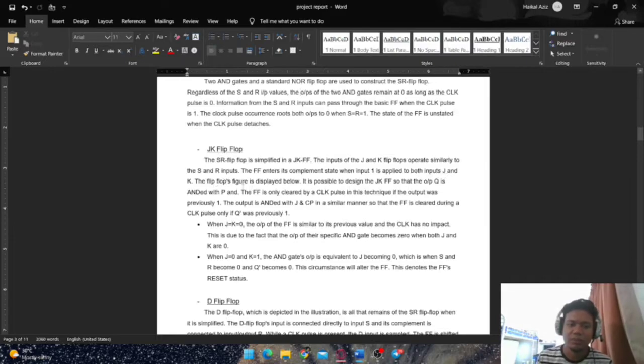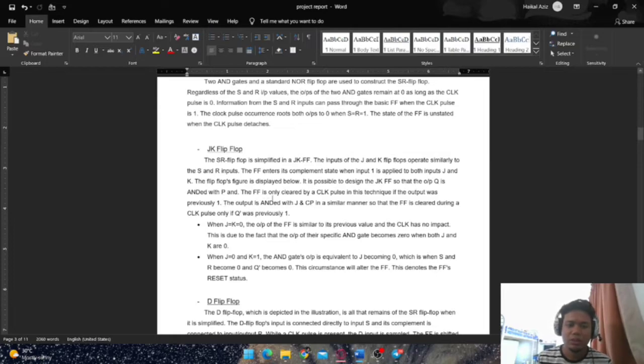The flip-flop's record is displayed below. It is possible to design the JK flip-flop so that the output Q is ANDed with CP and with K. The flip-flop is only cleared by a clock pulse in this state if the output was previously 1.